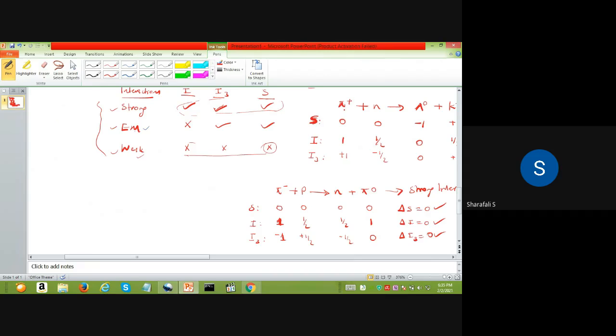And if you consider strangeness and isospin, strangeness is conserved in some reactions but not in weak reactions. In strong and electromagnetic interactions strangeness is conserved. Similarly, isospin is conserved only in strong interaction. So by using these conservation laws of strangeness and isospin, we can say which type of reaction it is.